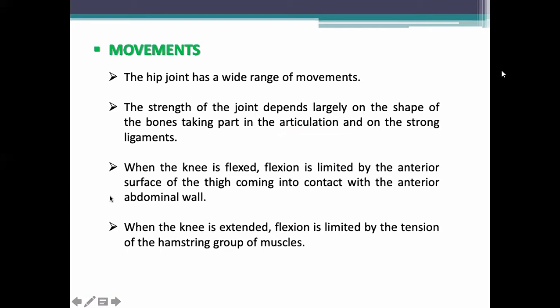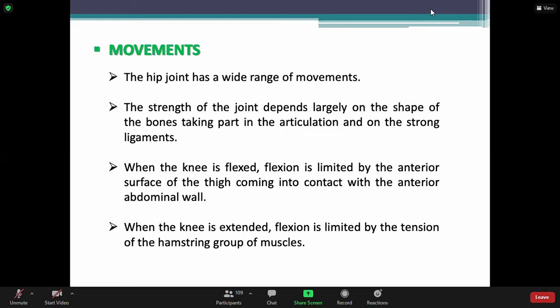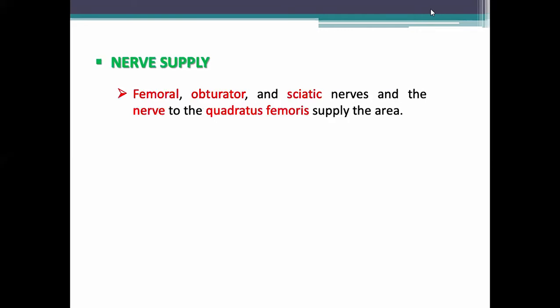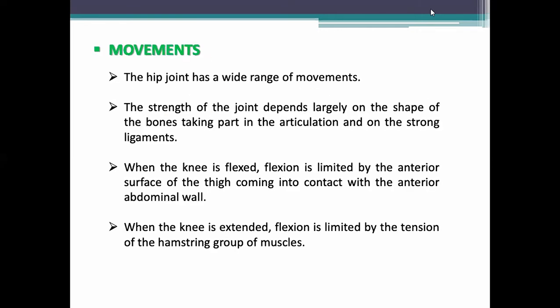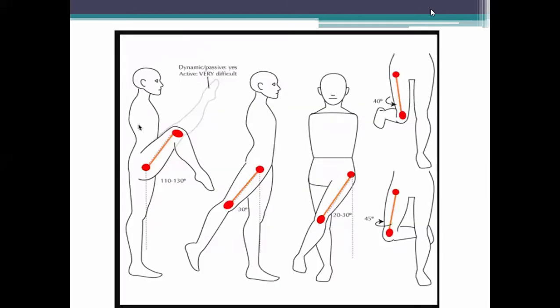When the knee is flexed, flexion is limited by the anterior surface of the thigh coming in contact with the anterior abdominal wall.